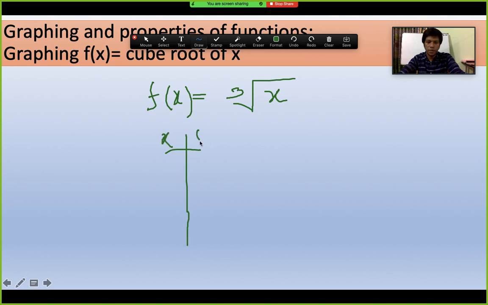X, then f of x. When you put 0 here, the answer is 0. When you put 1, the answer is 1. When you put 2, the cube root of 2 equals 1.25.